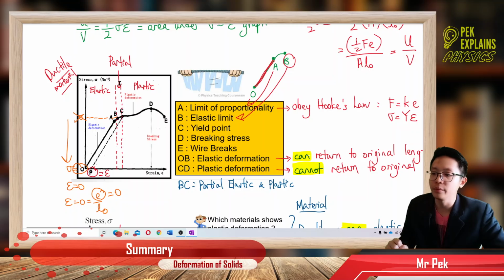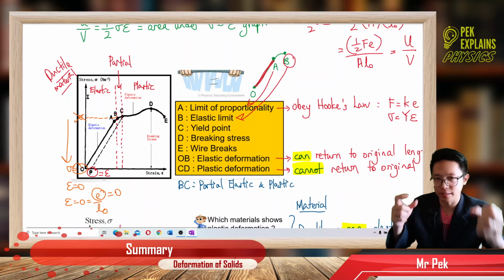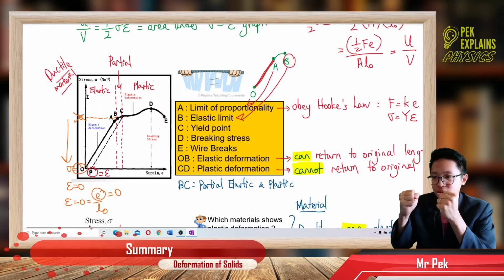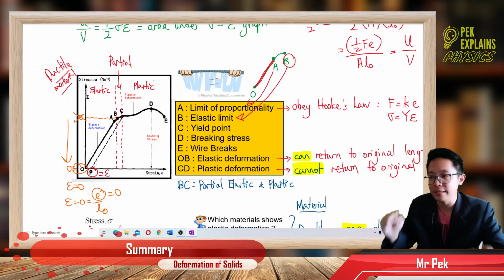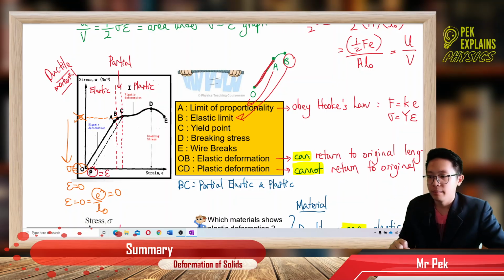So that's why we call it partial elastic, partial plastic. Partial elastic because it still can go back to original length, but it also shows partial plastic. That means it cannot go back to original length entirely, but it has a very small amount of permanent extension already, which is point P. That's called the yield point.